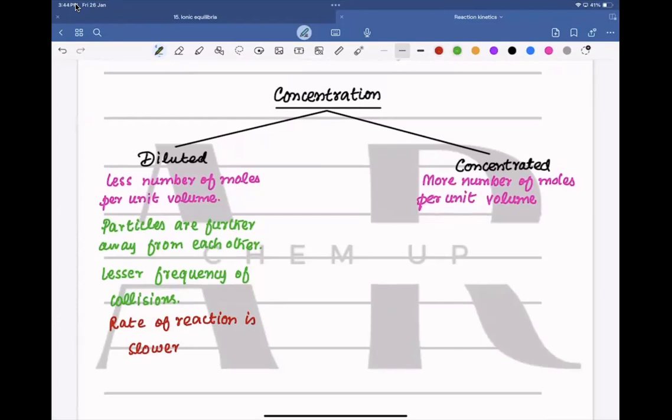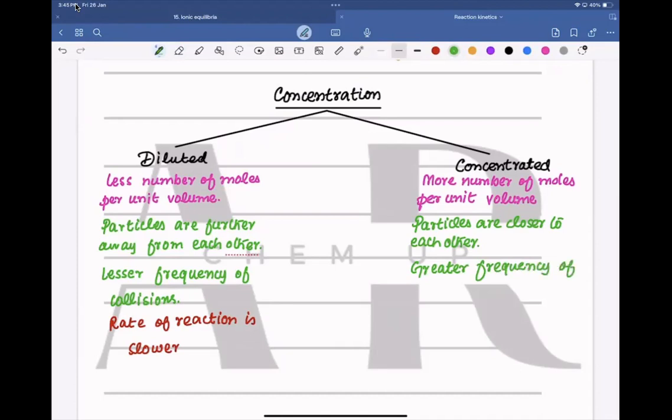Now, in a concentrated solution, particles are closer to each other and as a result, greater frequency of collisions.